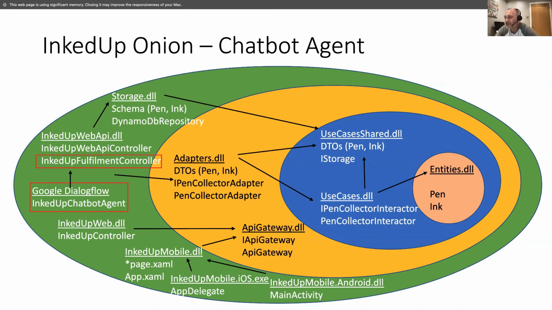If use cases DLL literally just had a dependency on storage DLL, so that arrow goes the other way towards storage DLL, it could create a storage thing itself, or it could be injected in. But it would be injected in not as an interface that use cases are dependent on, it would be injected in as a concrete instance of it. So we're using dependency injection there, but we're not inverting the dependency.